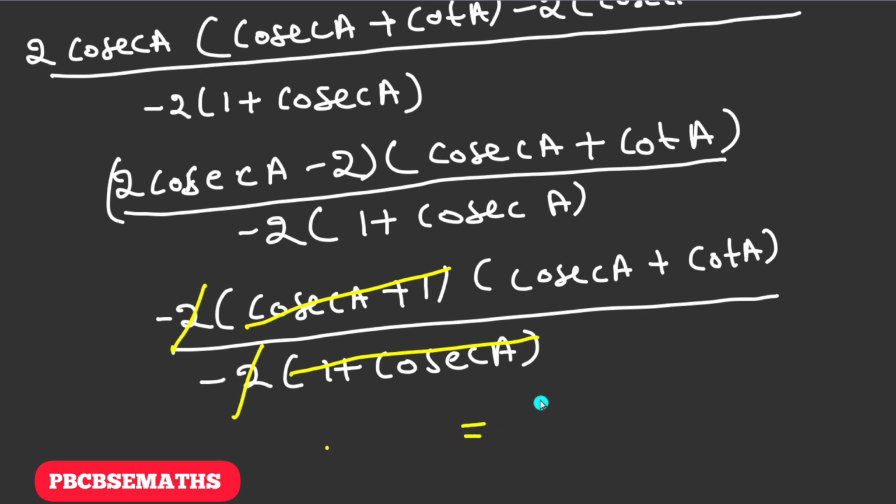At last we are left with cosec A plus cot A.